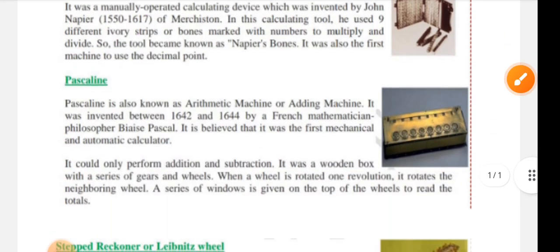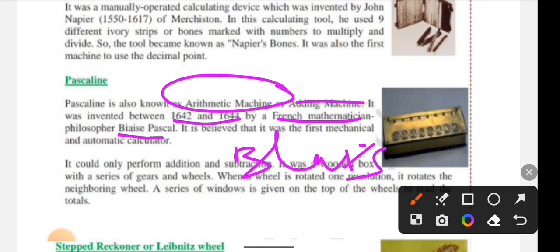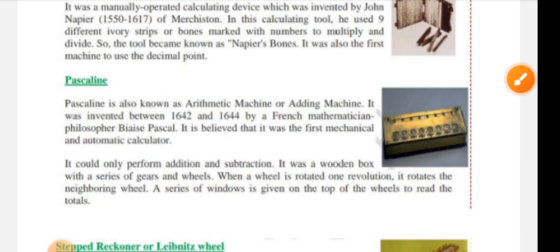Now we are going to discuss the Pascaline. The Pascaline is also known as the arithmetic machine or adding machine. It was invented between 1642 and 1644 by a French mathematician and philosopher, Blaise Pascal. It is believed to be the first mechanical and automatic calculator.